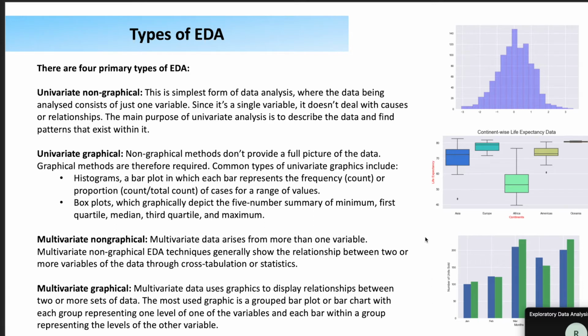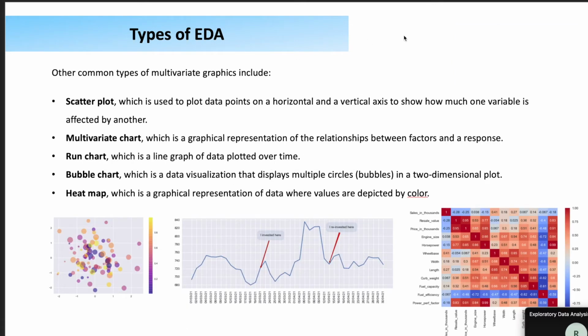So EDA, as you have seen, has univariate analysis and multivariate analysis, and graphical ways and non-graphical ways. And we will see some examples in terms of code as well. Now some of the graph or chart types that we can use are mostly done in multivariate graphical analysis.